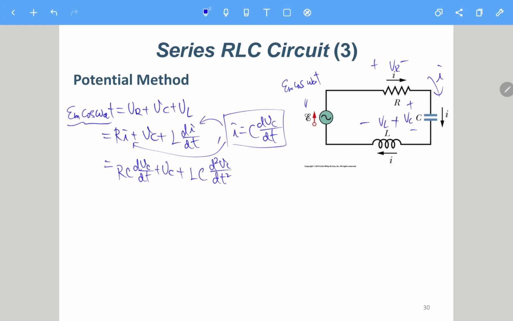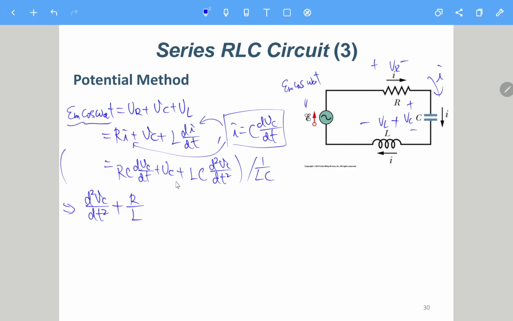So in that case, it will look something like the second derivative of Vc plus R over L, where you just divide both sides by LC.